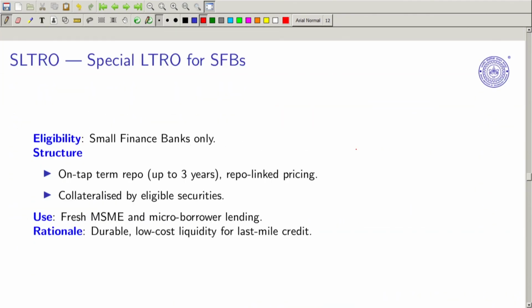Then here we have the SLTRO, which is the special long term repo operations, and it was mainly meant for financial inclusion.